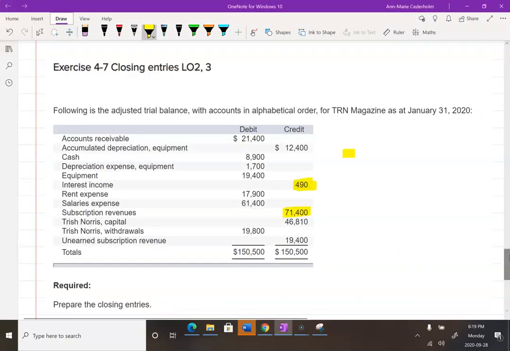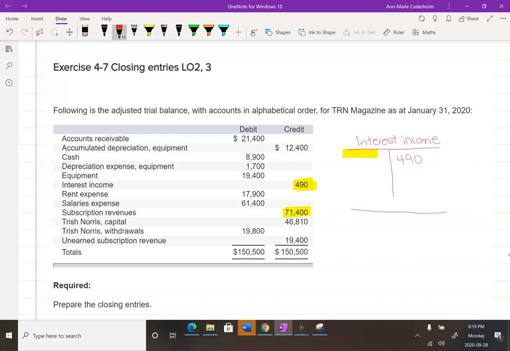So I'll just draw these accounts. So I had interest income of $490, and I had subscriptions revenue of $71,400.